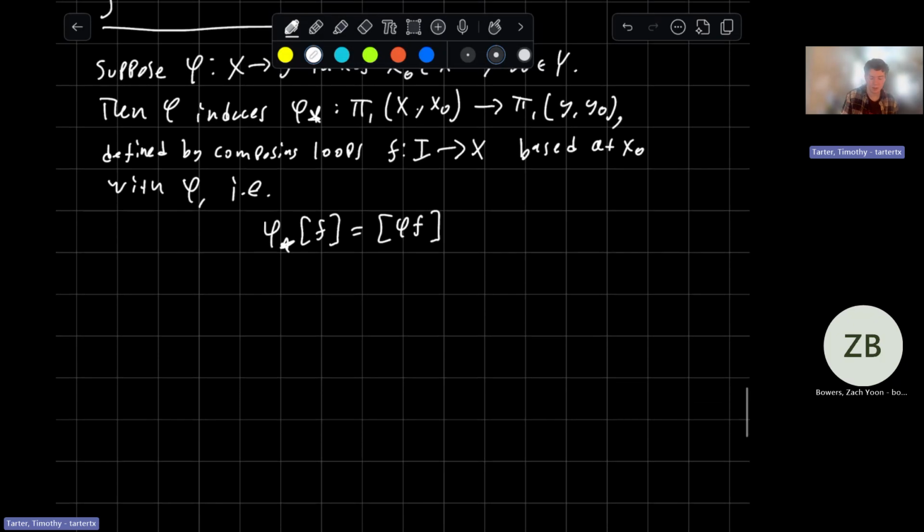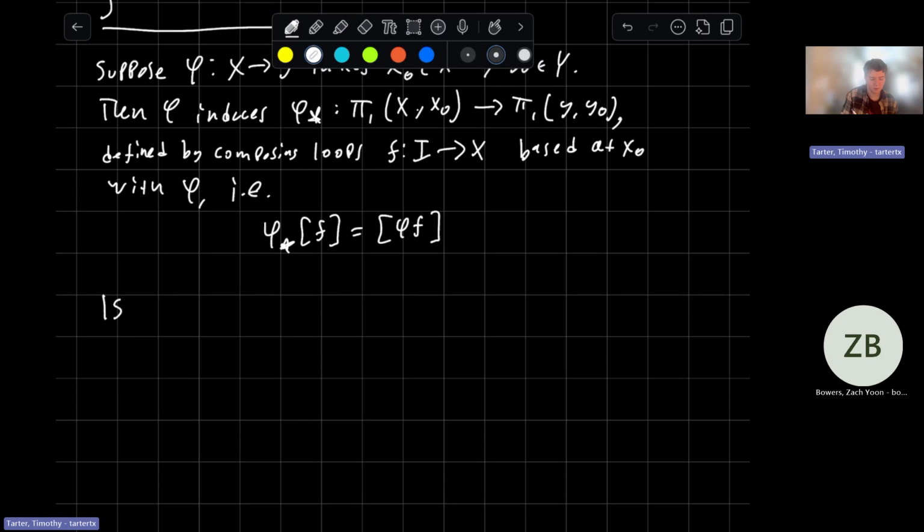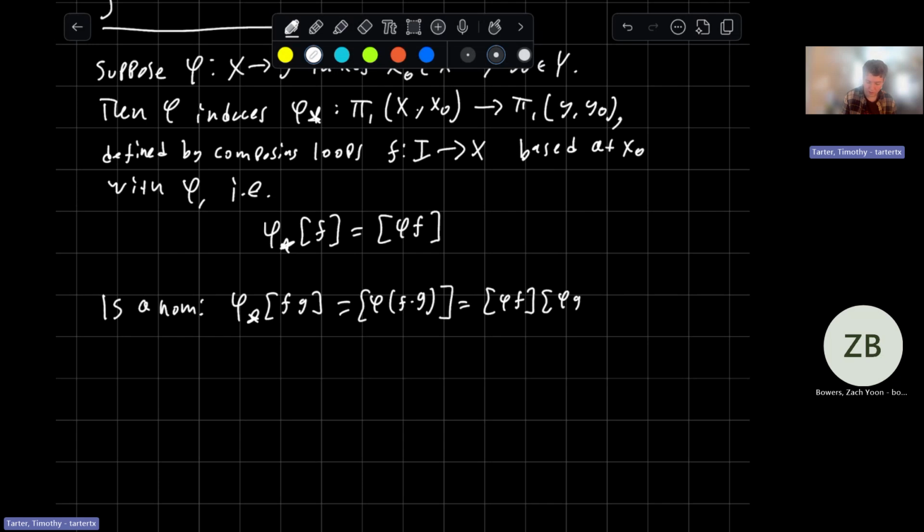Phi star is a homomorphism since phi star of f g is equal to phi of f composed with g, which is equal to phi f phi g.